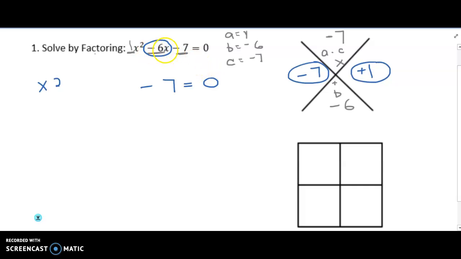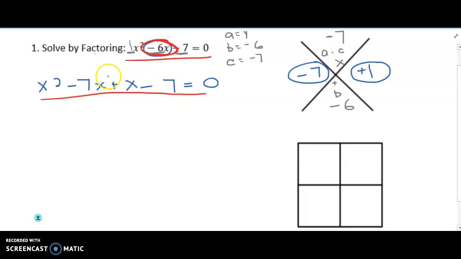Rather than writing minus 6x, I'm going to use these two numbers: minus 7x and plus 1x, which is just plus x. Now compare this and this, and recognize that these are the same thing. They're the same equation, just written differently.